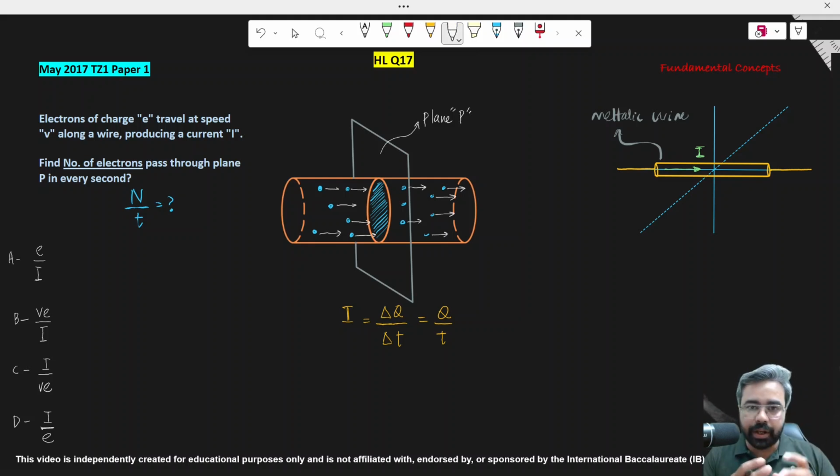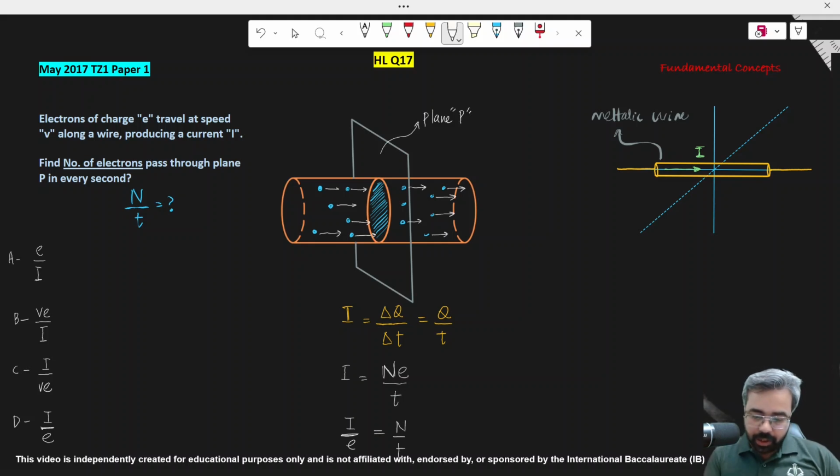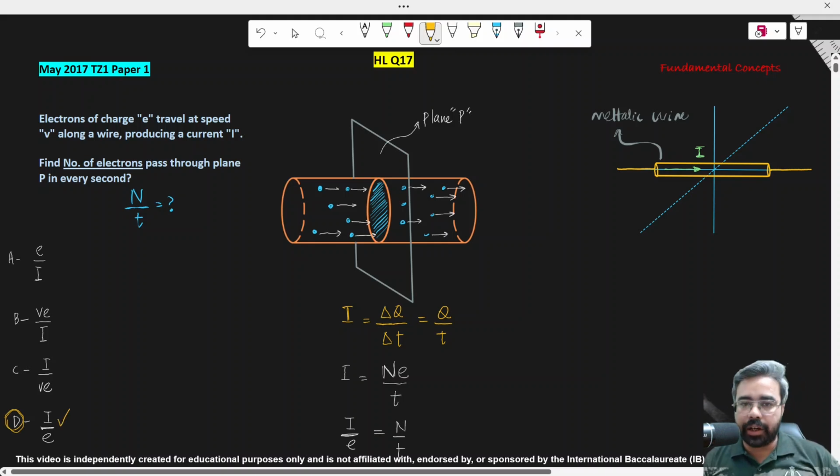It is made up of a numerous amount of electrons. Generally speaking, it is made up of n number of particles, and every particle has a charge e. So if you want to find n over t, that would be equal to I over e. So our right answer should be option D, that is I over e.